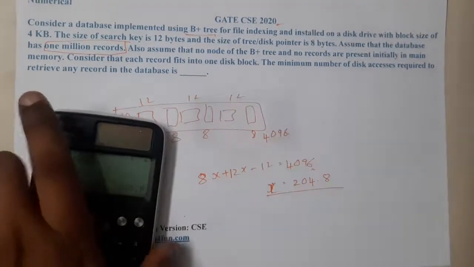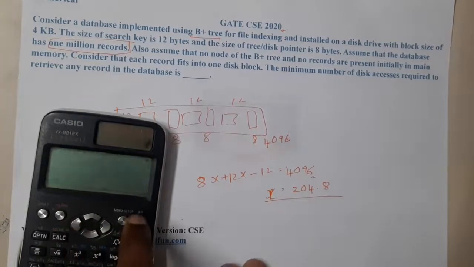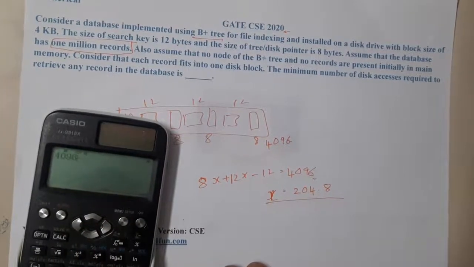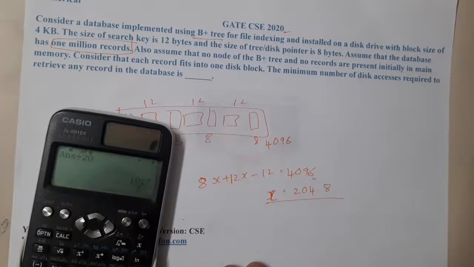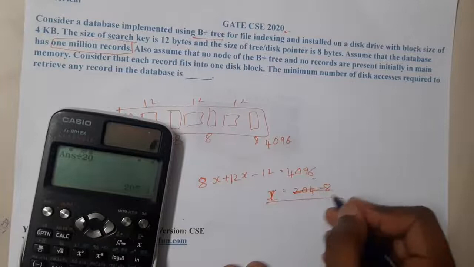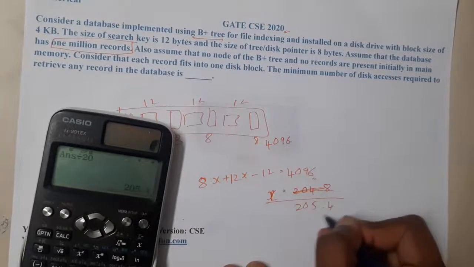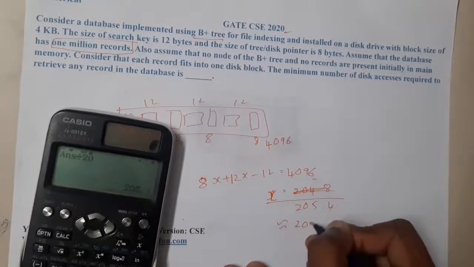Sorry, my bad, I did not add the 12. So 4096 plus 12 divided by 20 is 205.4, so the approximate value will be 205.